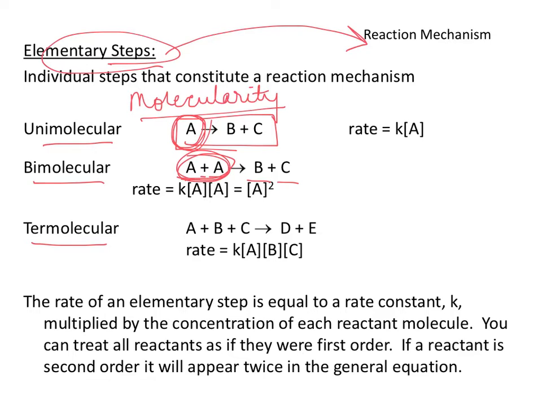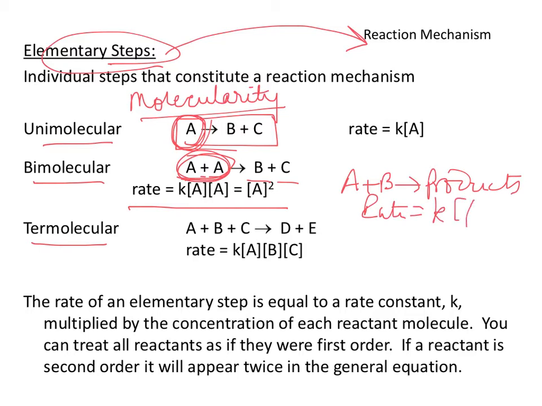This could be of the kind where rate equals k[A]^2, or of the kind where A plus B gives you products, and so the rate is equal to k times [A] times the concentration of [B]. Both of those are bimolecular reactions.